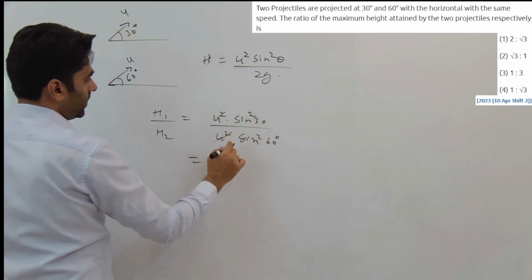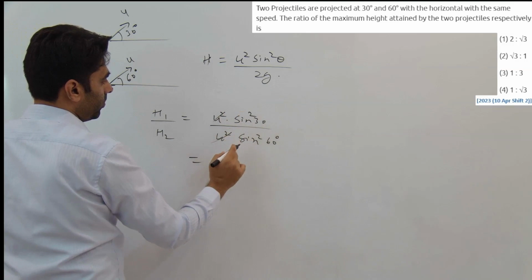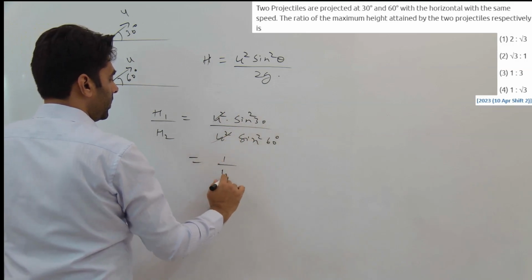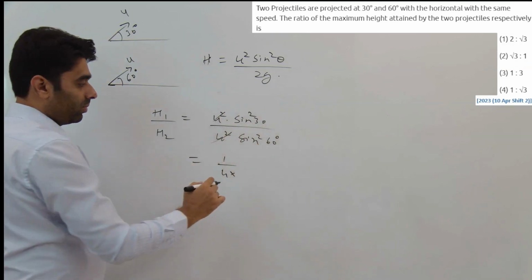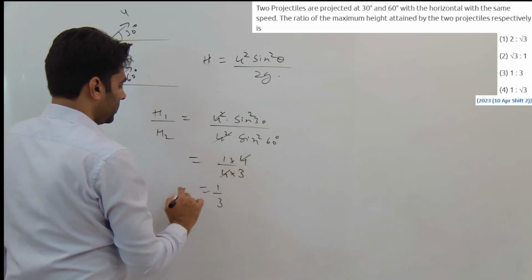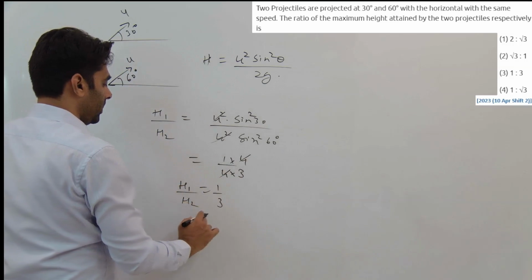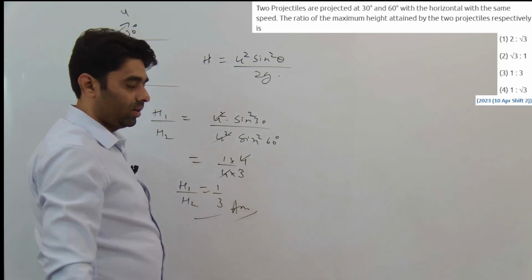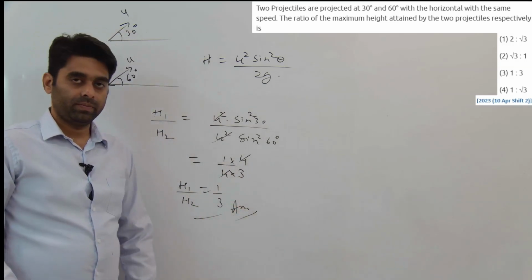How much are we getting? Sine 30 square, that will be 1 by 2 whole square, which is 1 by 4. Sine 60 is root 3 by 2, square will be 3 by 4. Cancels out. So our answer is 1:3. h1 by h2 is 1 by 3. Right? Let's look at the next question.